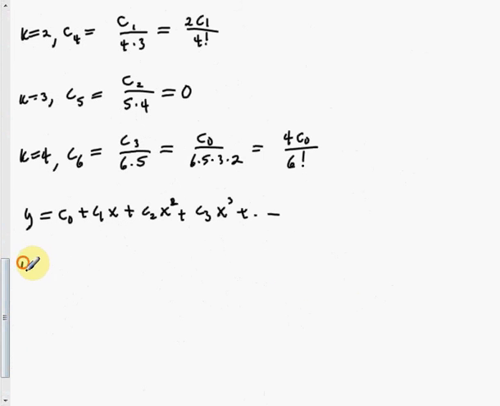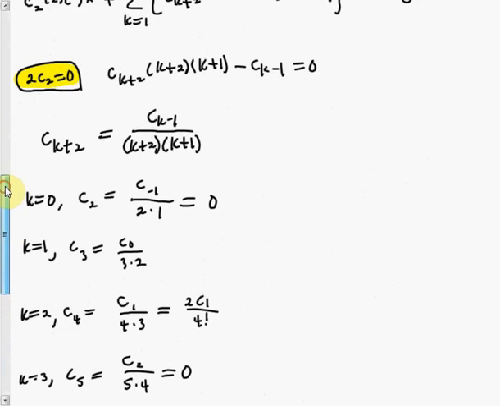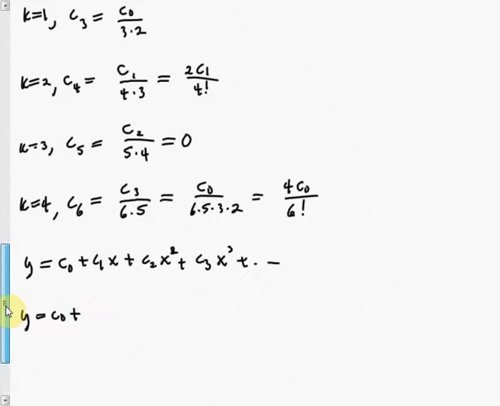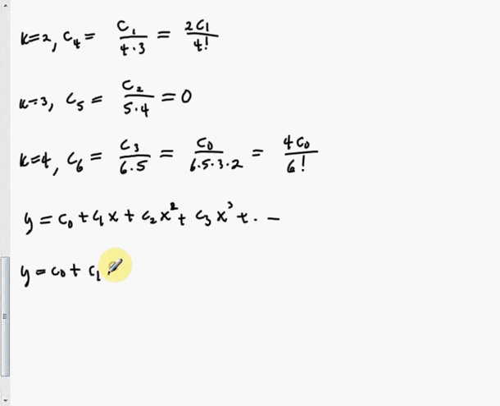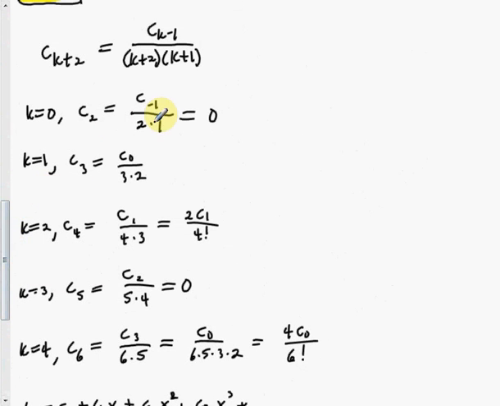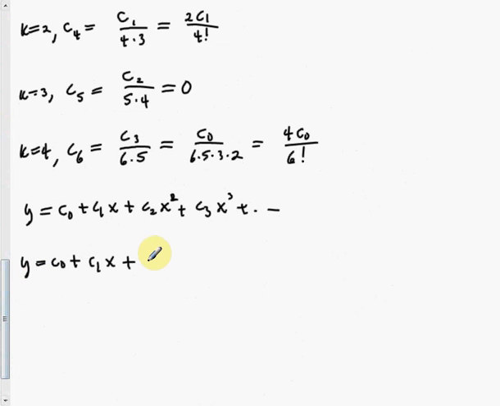So here, y is equal to C naught plus C sub 1 times x plus, now C sub 2, we get 0. I'm just going to put that there just to hold that spot.